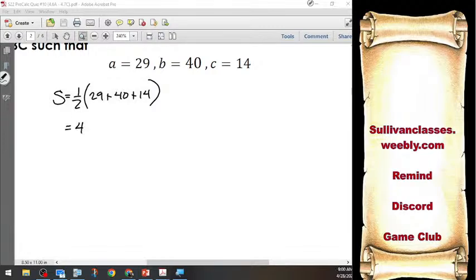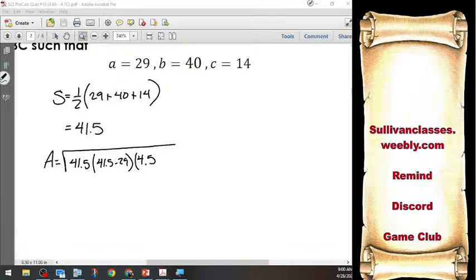I like 41.5. That works. It's a terminating decimal. And then the area is the square root of that S times the difference from that S to each of my side lengths. 41.5 minus 29, 41.5 minus 40, and 41.5 minus 14.